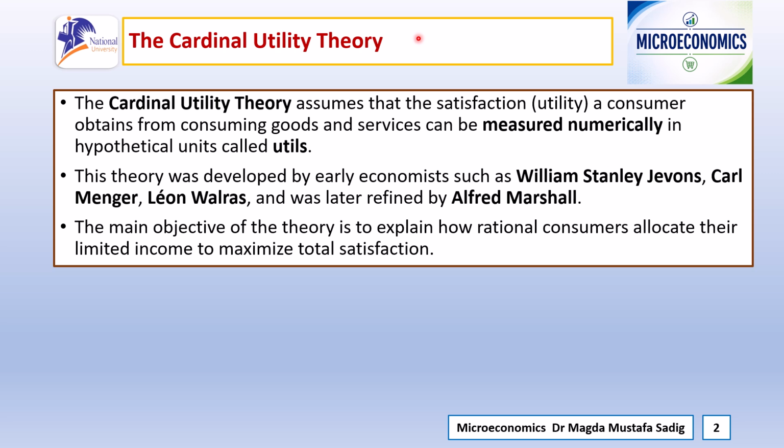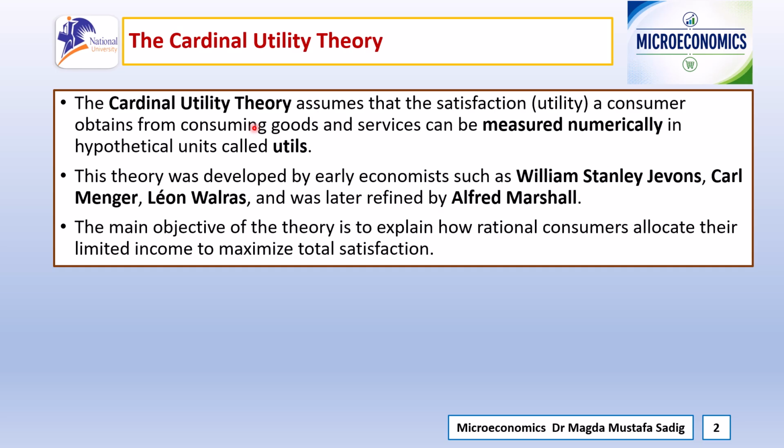This theory attempts to answer a simple but very important question: why do consumers buy the goods they buy? Every day, each of us makes a dozen economic decisions. We decide whether to buy coffee or tea, whether to purchase a new mobile phone or save our money, and how much food or clothing to buy.